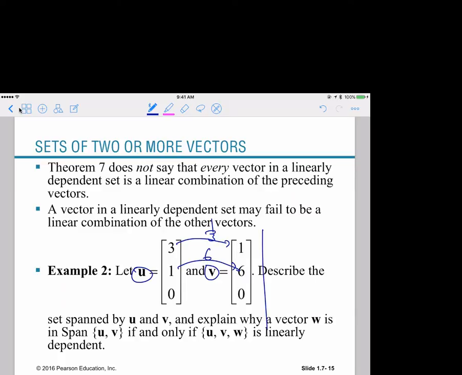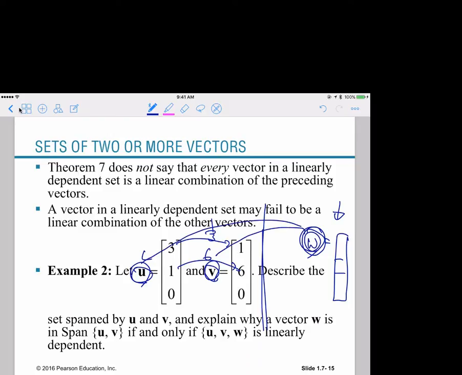Now we consider another vector w, and when these three vectors are linearly dependent. Because we checked up to the second vector and they were linearly independent up to that point, the last remaining case should be linearly dependent, which means the last vector should be represented as a linear combination of these two.